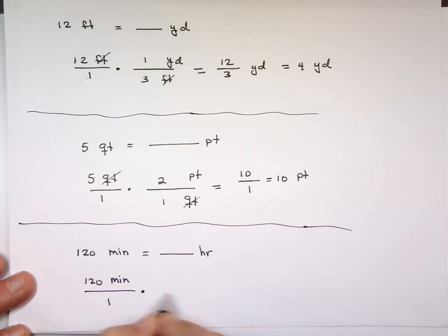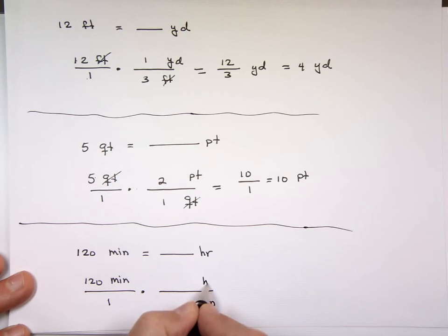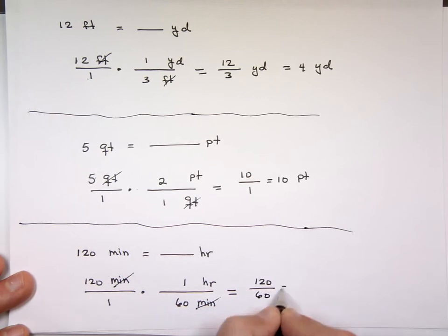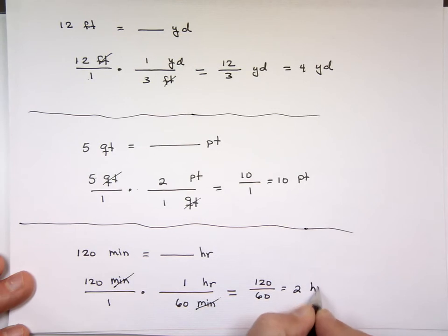I'm going to multiply. I want minutes on the bottom, hours on the top, so the minutes will cancel. 1 hour has how many minutes? 60. 120 times 1 is 120 divided by 60, which is what? 2 hours.